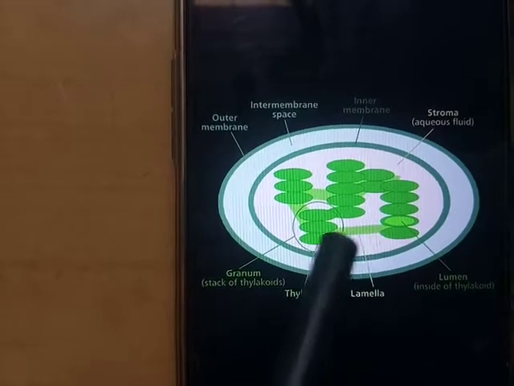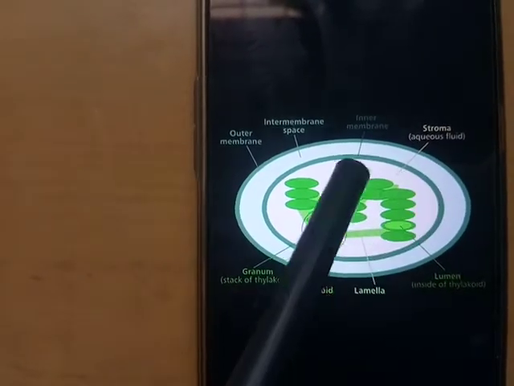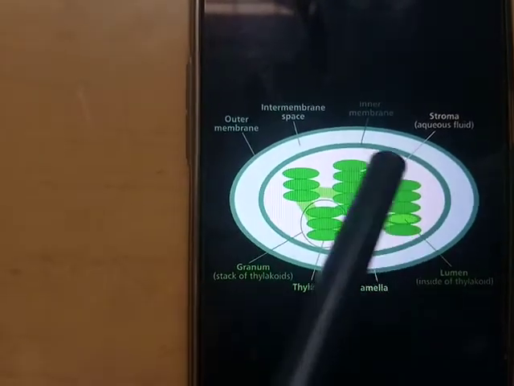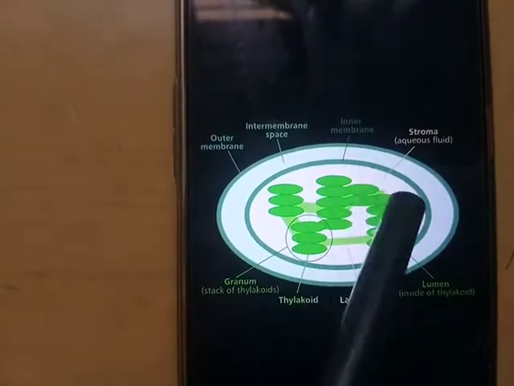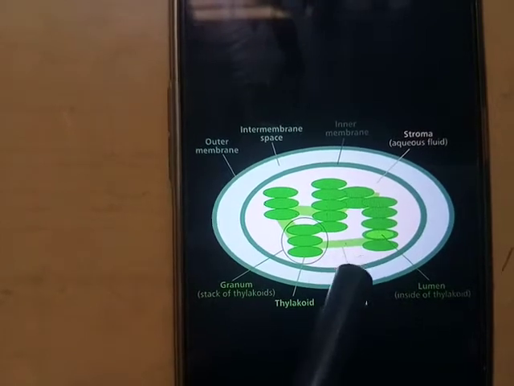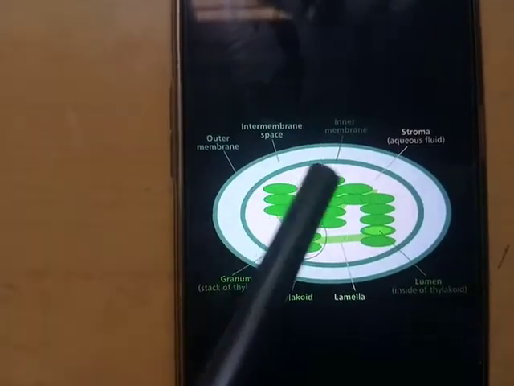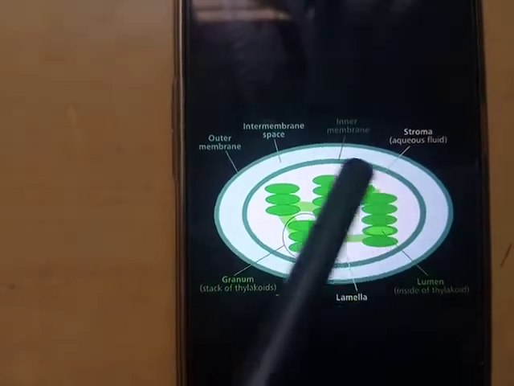So they are called stroma lamellae. This whole aqueous fluid present inside the chloroplast is called stroma. As they are present in stroma, they are called stroma lamellae. The fluid filled space is called the stroma.